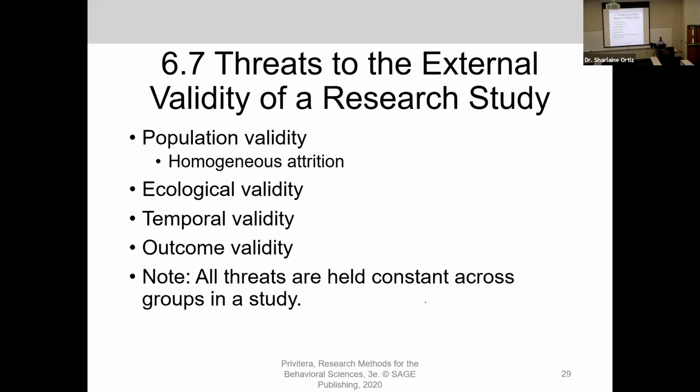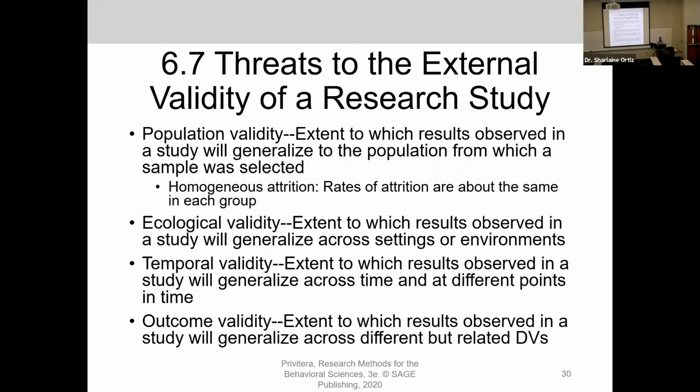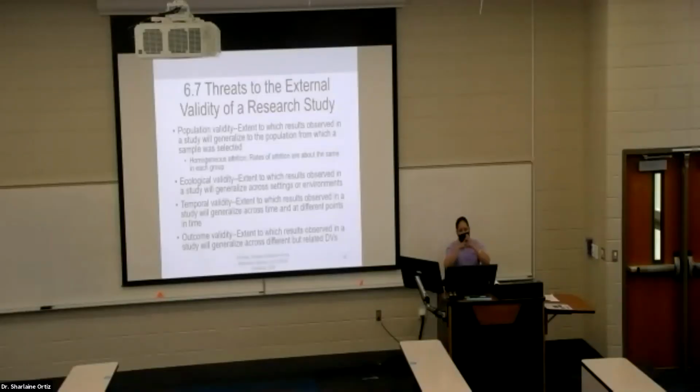Now, in keeping with external validity, what are the threats? Before, we were talking about threats within that research. And remember, external validity refers to how much I can generalize the info that I have, how much am I able to generalize that result to that population that I'm trying to serve, that population that I'm trying to look into.